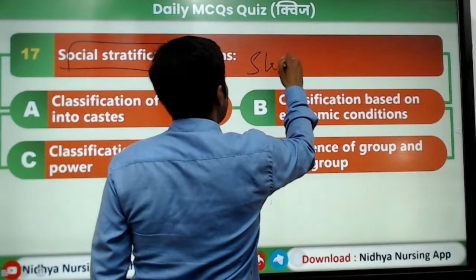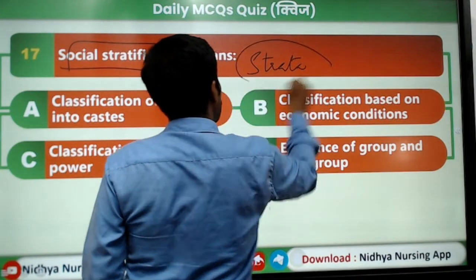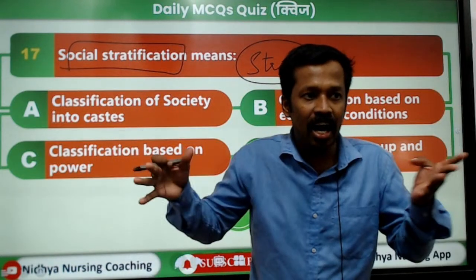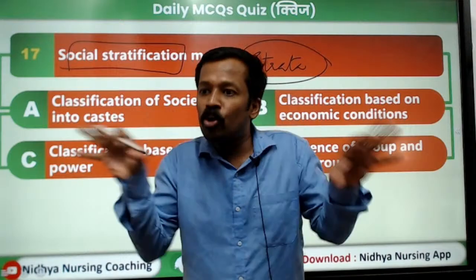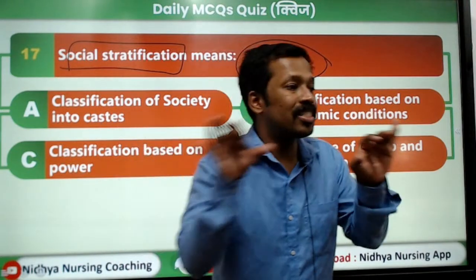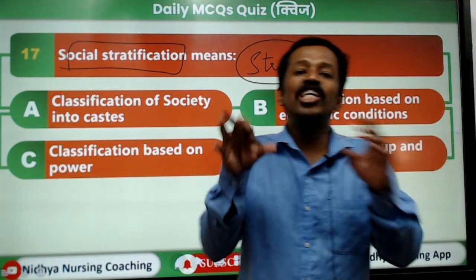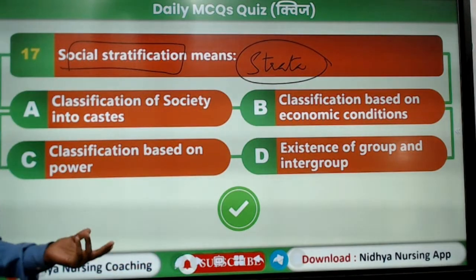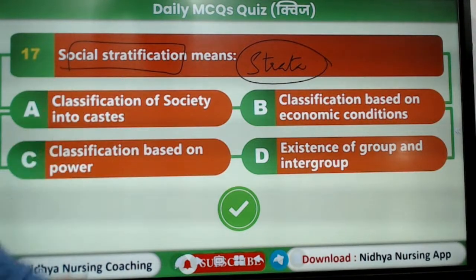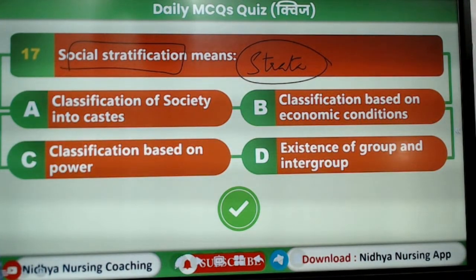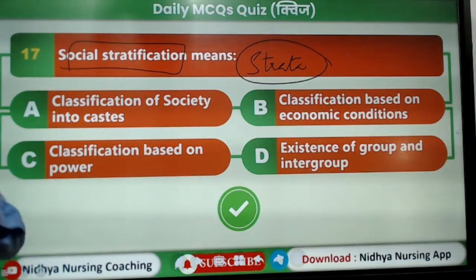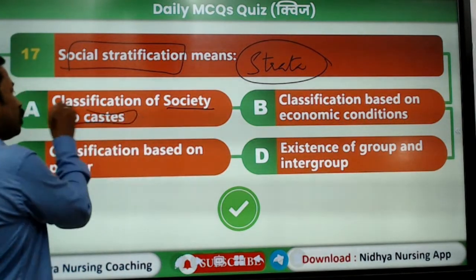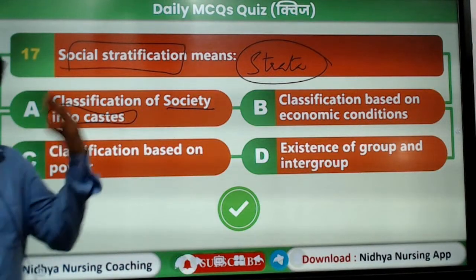So, classification of society into castes: upper caste, lower caste, middle caste. Is it a stratification? Is it a group division? Society is classified into subgroups. Is it right or wrong?